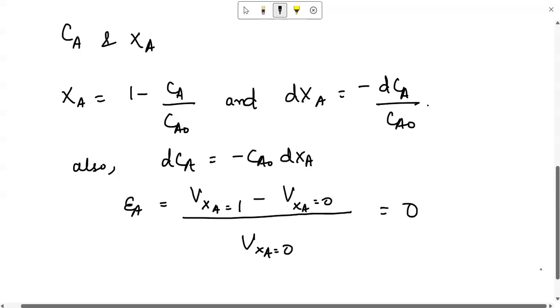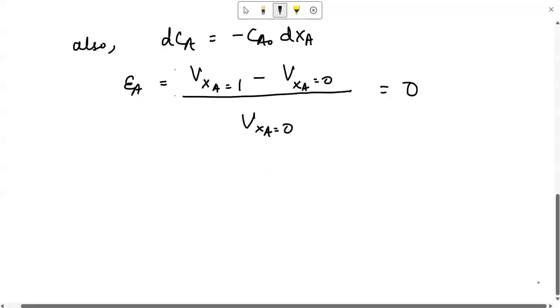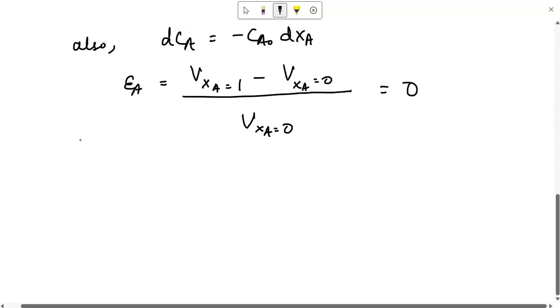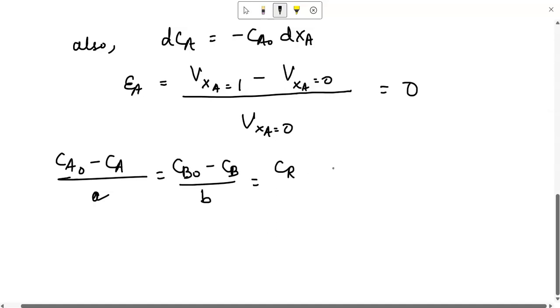Okay. Also, if you want to interrelate the different constituents or the different participating species in the reaction, then you want to relate the changes in B with respect to A, or changes in R with respect to A. In that case, you will use (CA0 minus CA) by a, the stoichiometric quantity in which they are present, equals (CB0 minus CB) by b equals (CR minus CR0) by r.